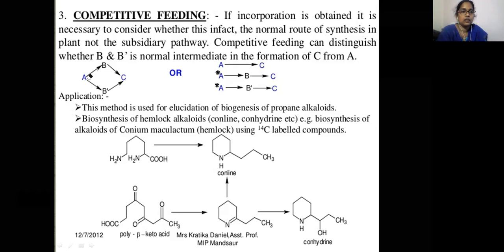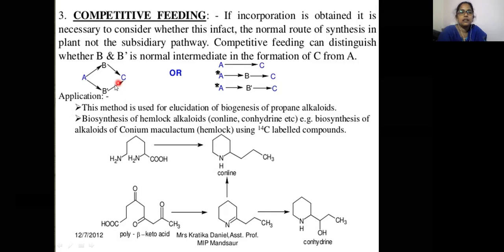Here you can see this is our precursor and this is our product. From A we get B as an intermediate, and from B we get C. From A we also get B dash and C.